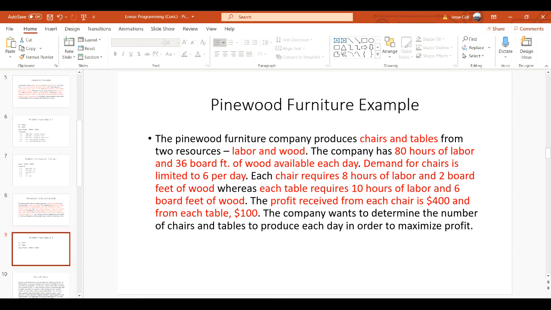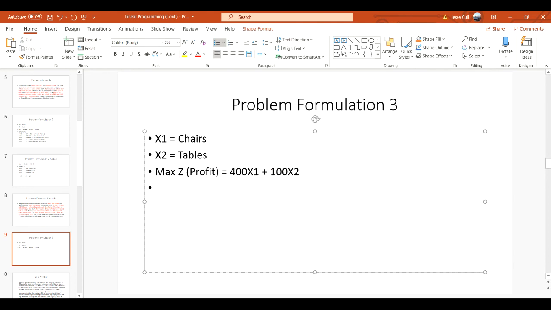That's going to be our first constraint. C1 is 80 hours of labor available.